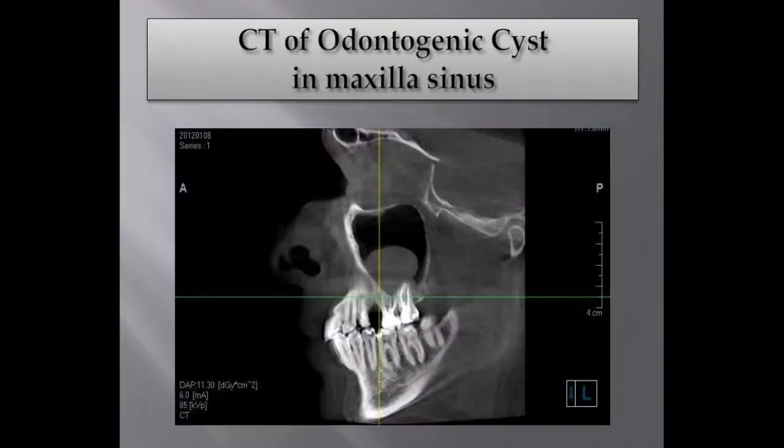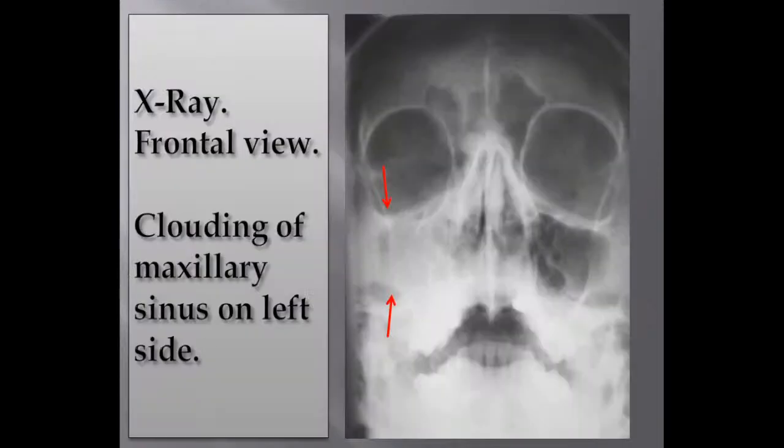And here you can see a CT of odontogenic cysts, which grow from a root inside the sinus, and we can see the odontogenic cyst inside the maxillary sinus. And here you can see clouding of the maxillary sinus on the left side.